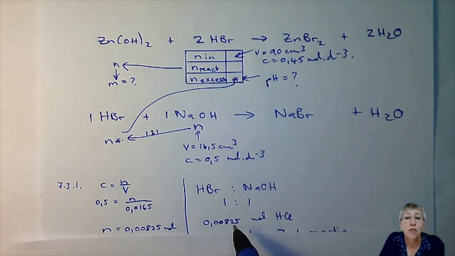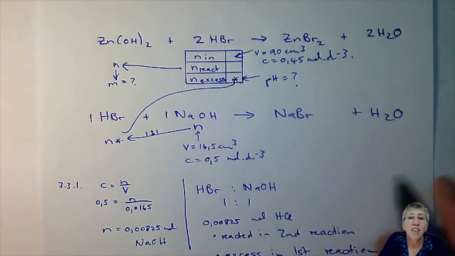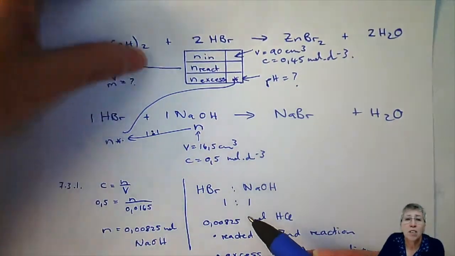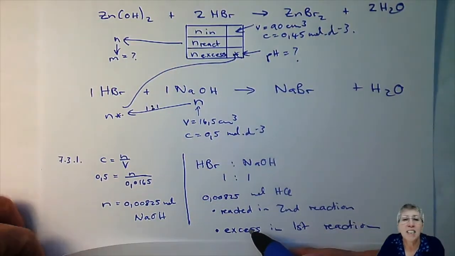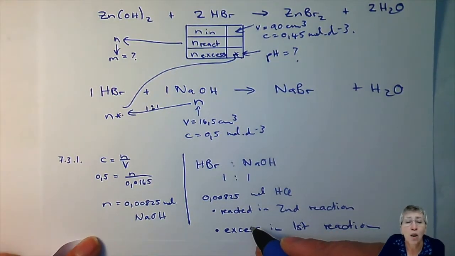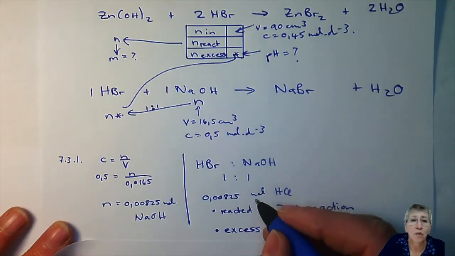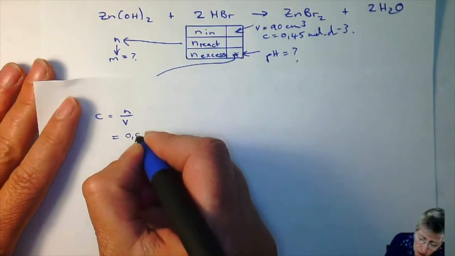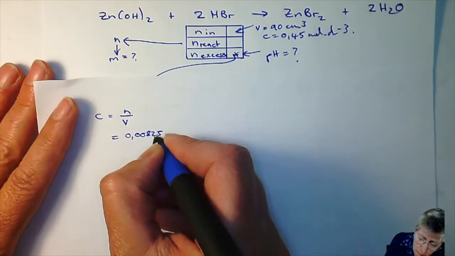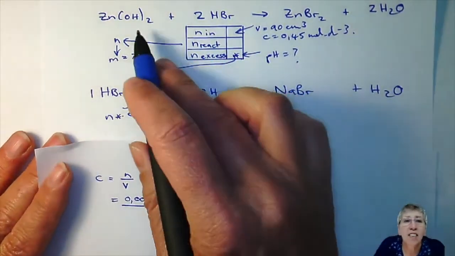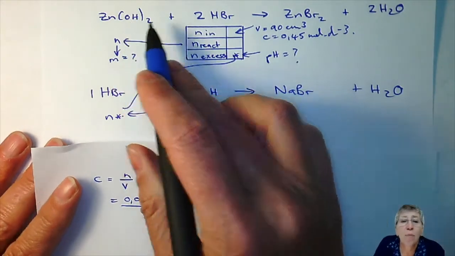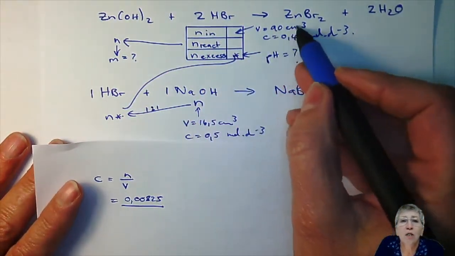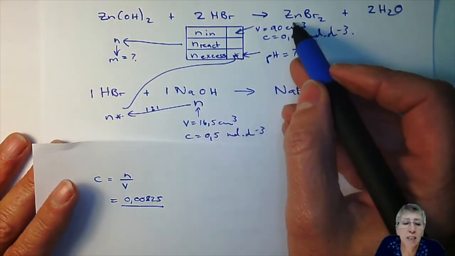So after the first reaction, we know that the HBr that is in excess, that's left over after the first one, is 0.00825. Right, so I've got 0.00825. Volume, well, this is a solid, no volume. That one, they already told us we put in 90 cubic centimeters.